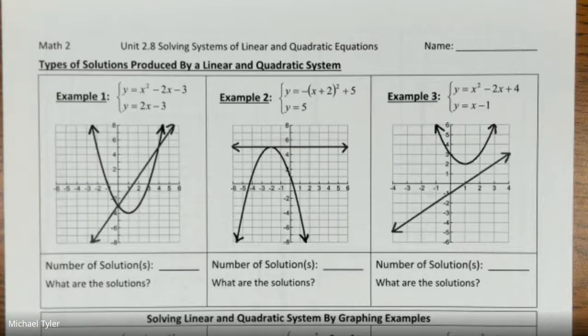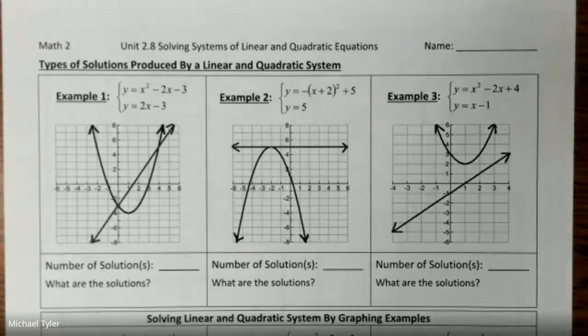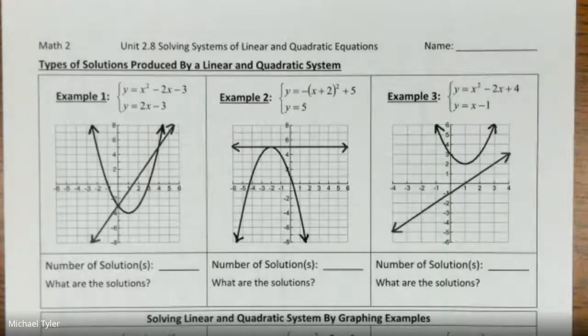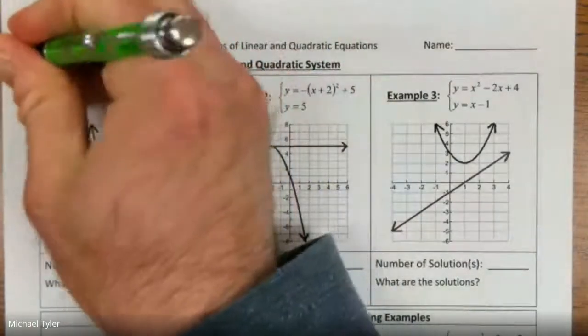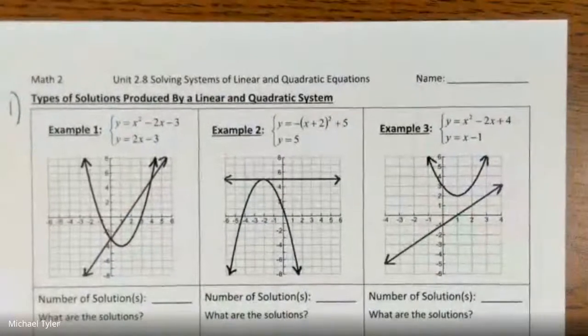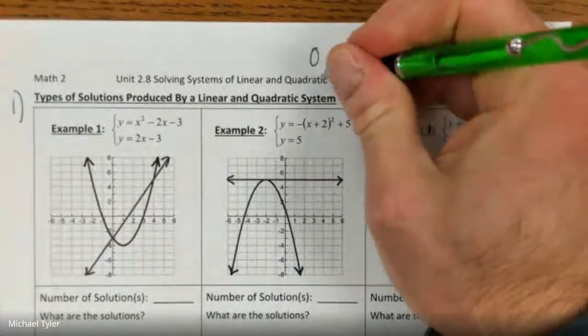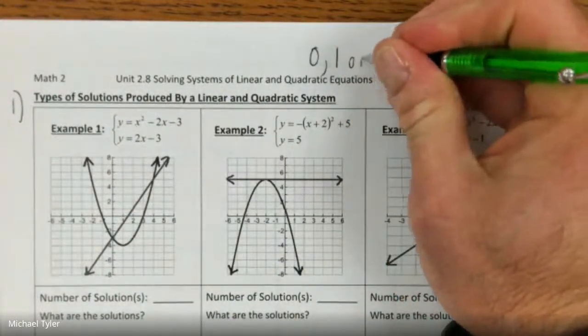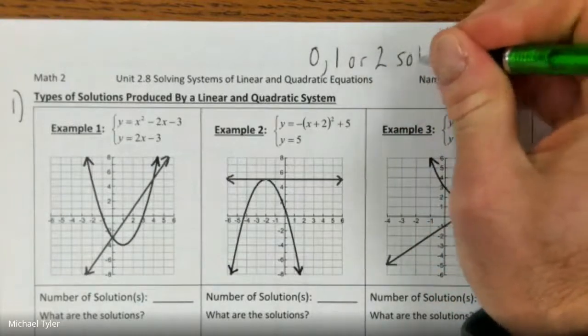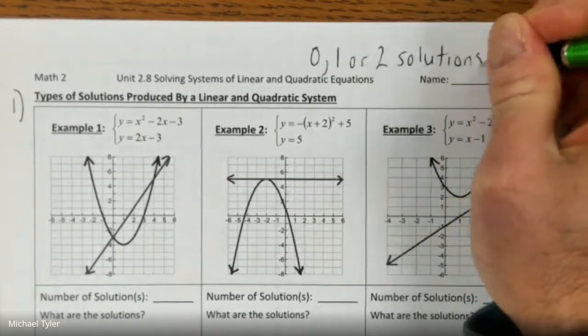So the major difference is one has up to two solutions. The other one can have up to four. Now, the first type is what we call linear quadratic systems. In this type, you can have 0, 1, or 2 solutions.